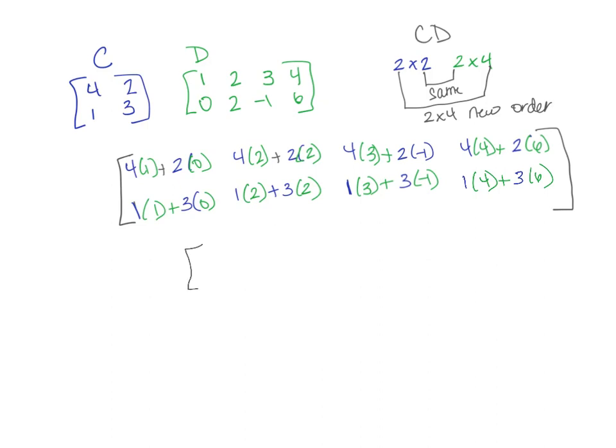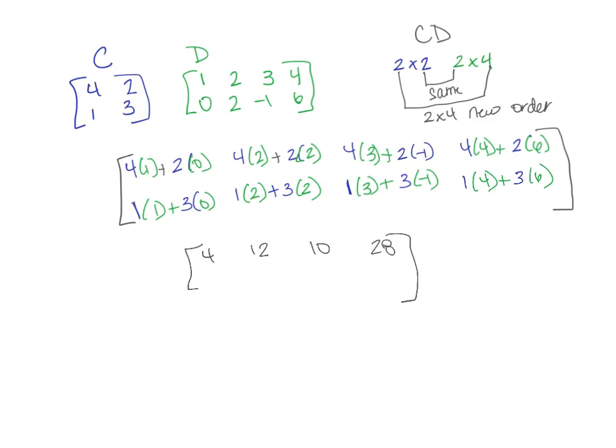And then now we just need to work on our math skills to get this into simplest form. So in the first entry, I'm going to get 4, right? And I'm just going to go across. 8 plus 4 is 12. 12 minus 2 is 10. And 16 plus 12 is 28.